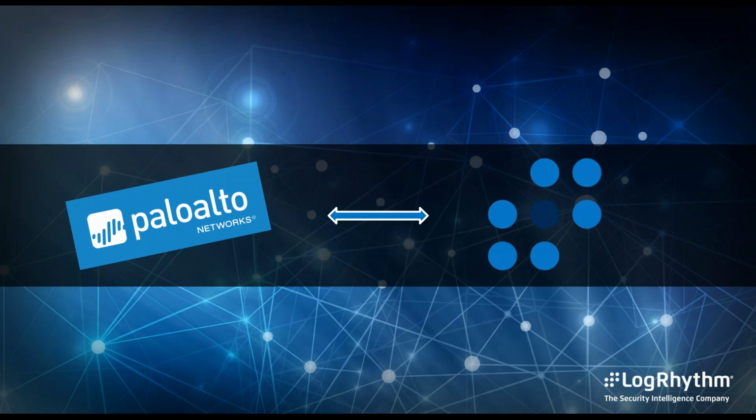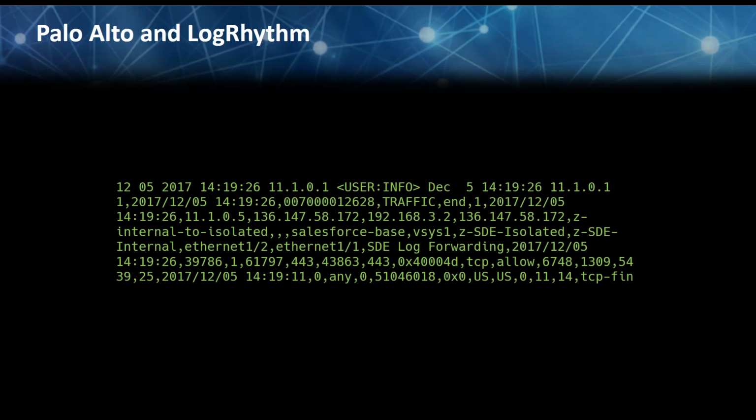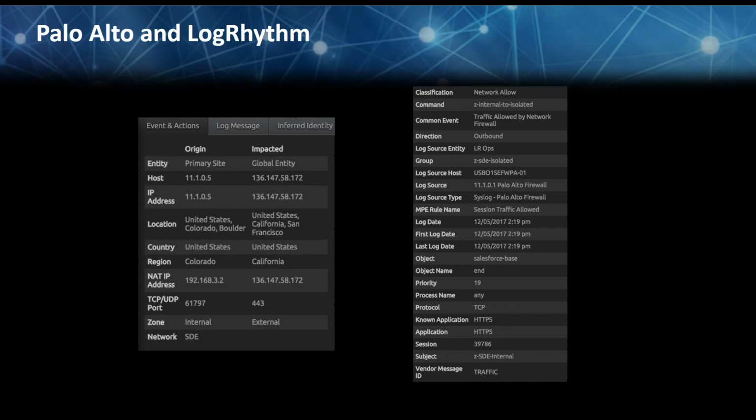So, our integration with Palo Alto. Right now, of course, we're bringing that data in, and this is a typical firewall log entry. We're going to normalize that across our taxonomy. As I said, I'll bring that in later, but we take that data and make it a little more human friendly, right?